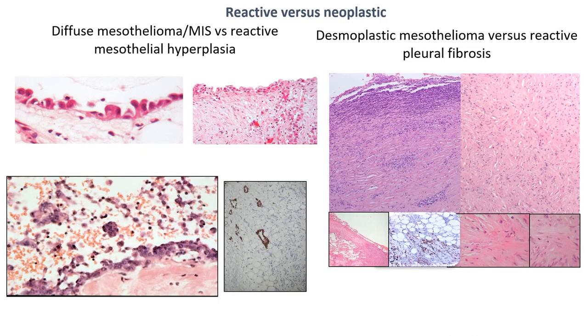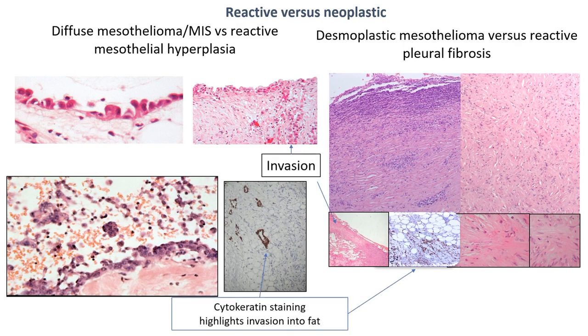Of course, it's not that we have to go straight to molecular pathology or immunohistochemistry. Morphology, looking for invasion: a simple cytokeratin may show invasion of subpleural fat that was otherwise not identified. And there are other facets of invasion. For example, here you can see a mesothelioma invading into the peripheral lung, which I also find quite valuable and diagnostic.